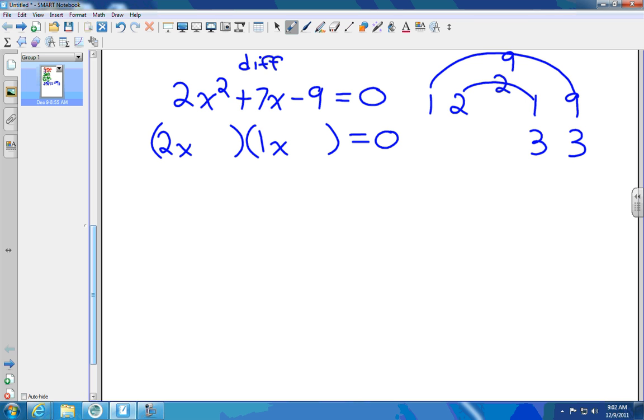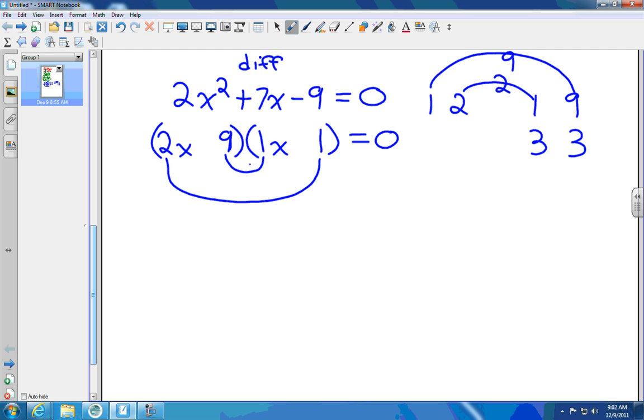And looking over there then, what did we partner up with the 2? This one. And remember, pairs go outside and inside. It's FOIL, O and I. So we paired with the 2, the 1, with the other 1, what did we pair? 9. So it has to go there in the middle.